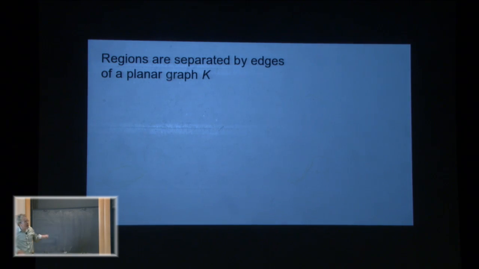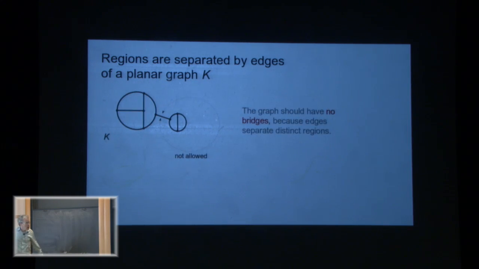So I just want to formalize the statement for our purposes a little more. The regions in the plane are separated by the edges of a graph, a planar graph I'll call K. Not every planar graph is legitimate when we're considering the four-color theorem, because our edges are to separate regions. So the regions either side of a given edge must be two distinct regions.